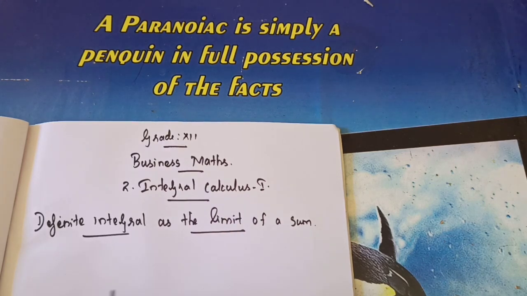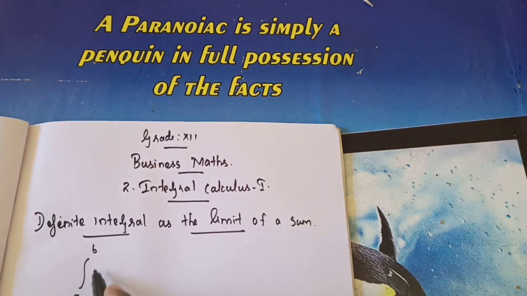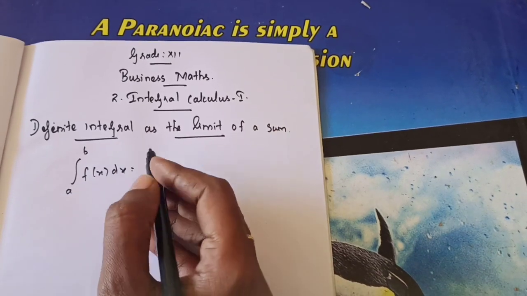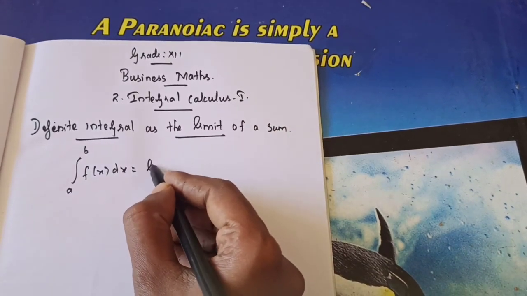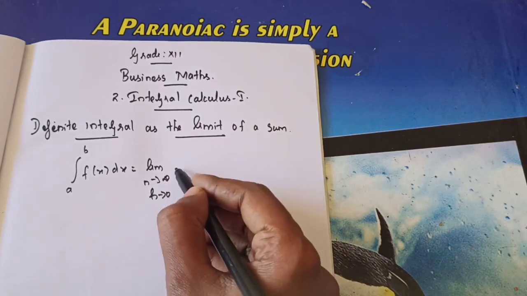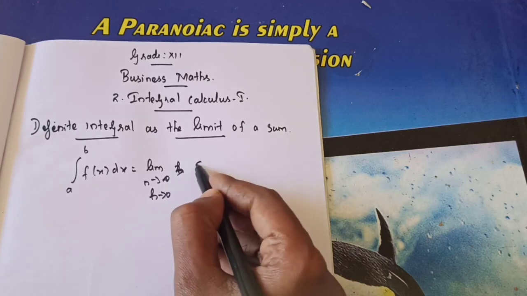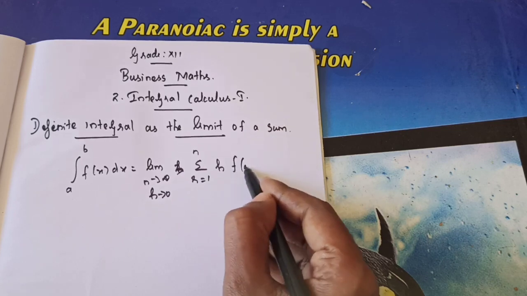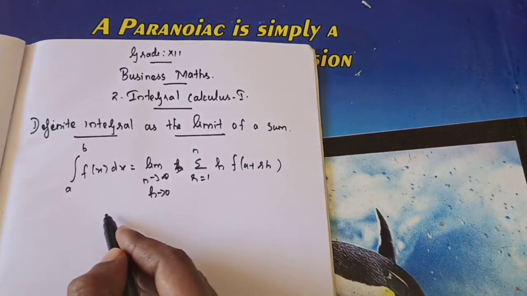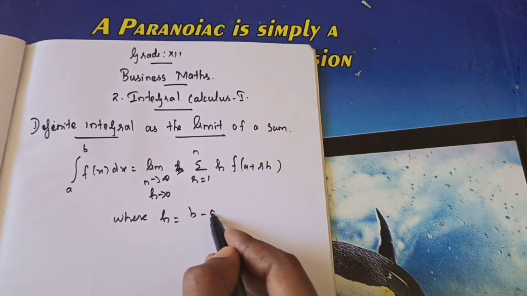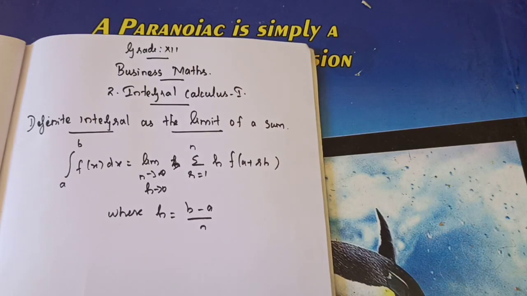The formula I taught you is: integral a to b f of x dx is equal to the limit as n tends to infinity, h tends to 0, of the summation r equal to 1 to n of h into f of a plus rh. Here h is found via h is equal to b minus a by n. Using this we will do all the problems.